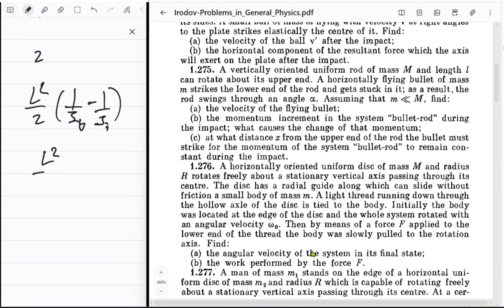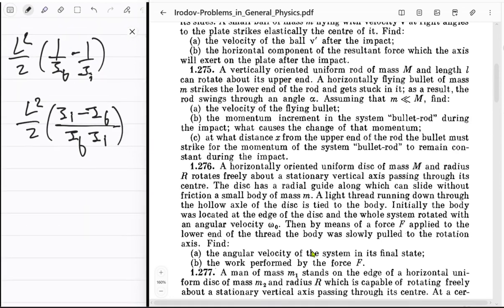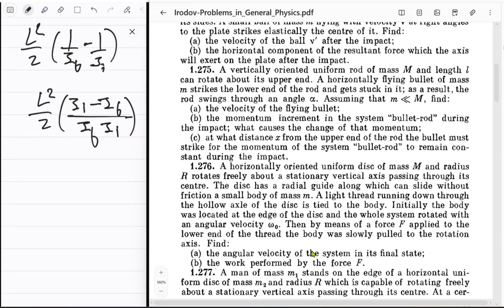So that is L squared upon 2 times I initial minus I final upon I final I initial. This we know what to do, no big deal. Now L is just equal to I initial times omega naught, so just do that. It's I initial upon I final times omega naught squared. You've got this 1 upon 2 over there.